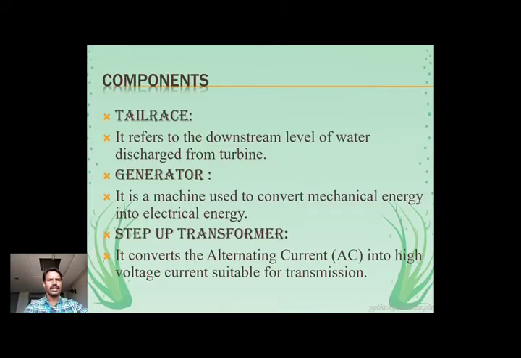Next we get the tail race. Tail race is the downstream level of the water discharged from the turbine. The generator is a machine that converts mechanical energy into electrical energy. A step-up transformer: the alternating current produced by the generator is stepped up to our requirement with the help of the step-up transformer.